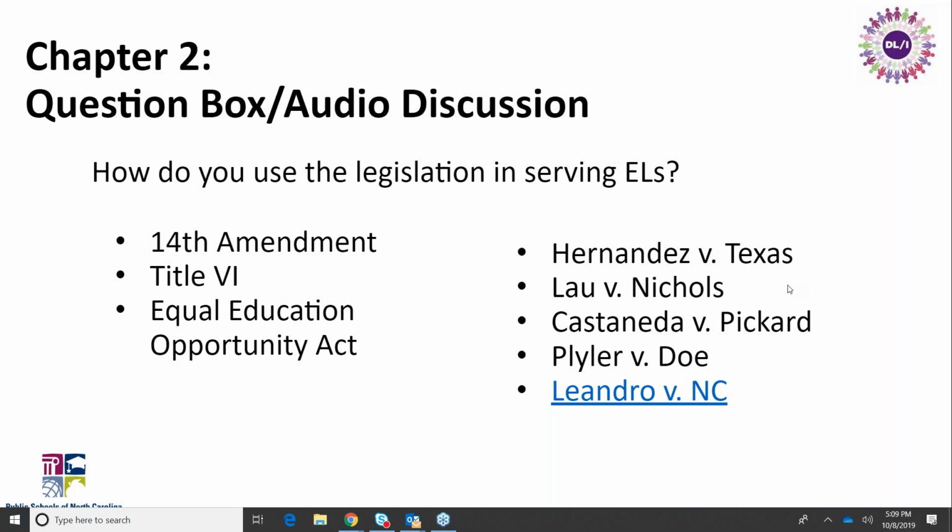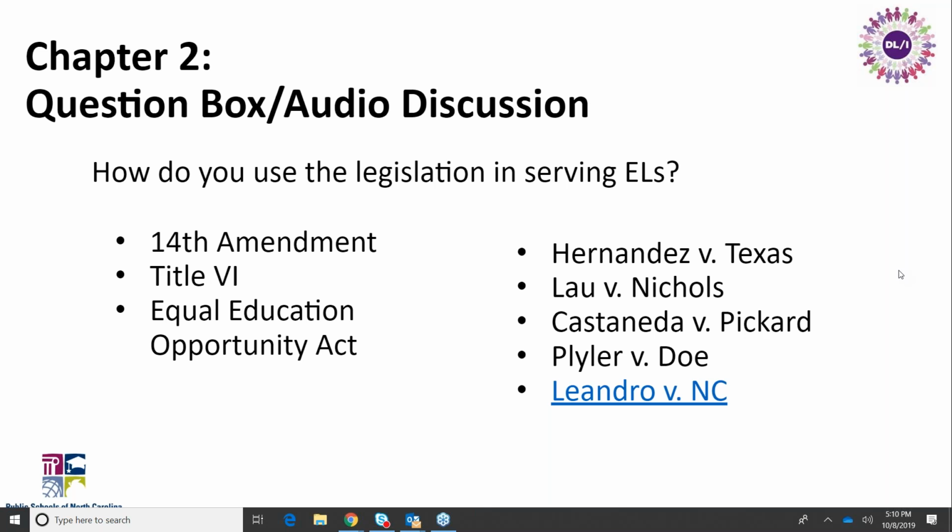Gabriela. Can you hear us? Me? Yes. Well, I find myself showing or discussing legislation with some teachers in terms of why do you have to meet with me? Why do you have to follow accommodations in the classroom? I try to educate them. This is not just optional, but this is a right that the student has, and these are the laws that protect the student in receiving certain services, modifications or accommodations.